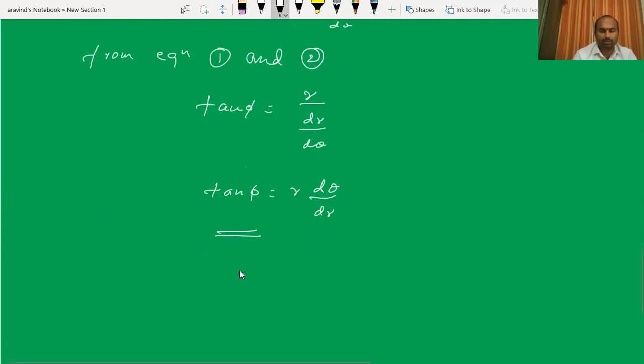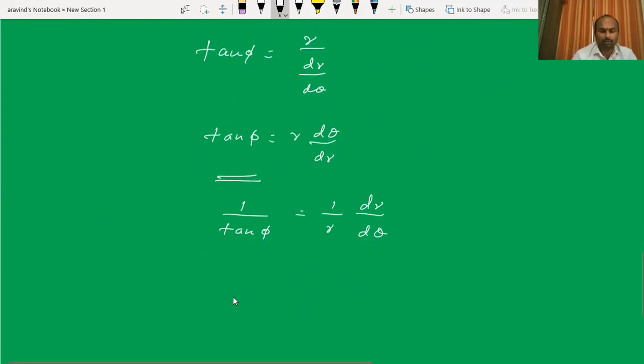Or the same thing can also be written by taking the reciprocal: 1 by tan phi is equal to 1 by r into dr by d theta, so cot phi is equal to 1 by r dr by d theta. So we will use this expression also in solving some of the problems. Thank you.